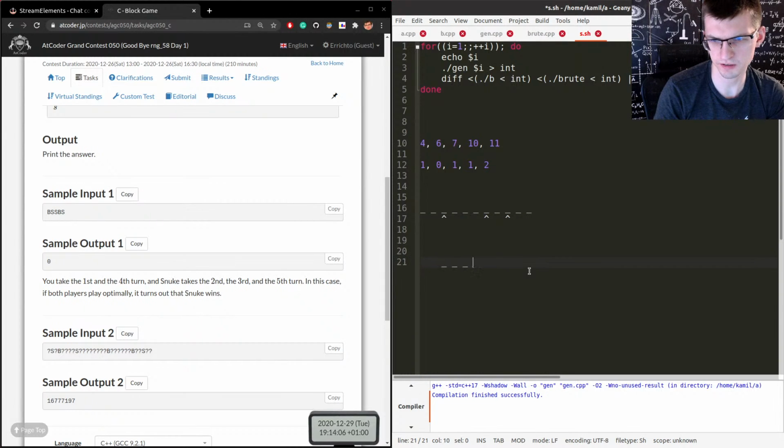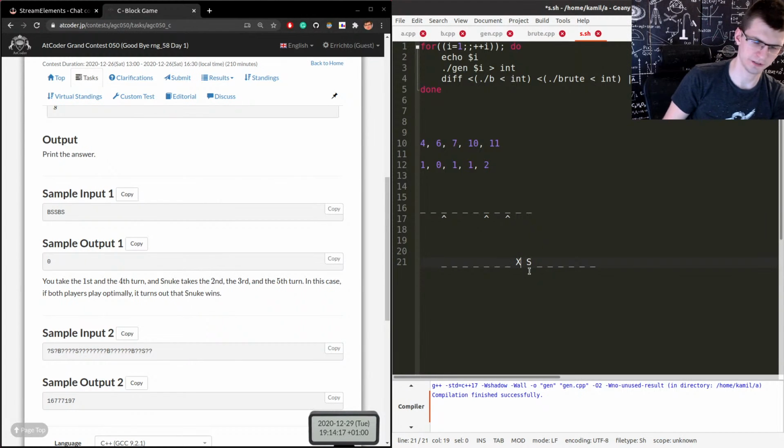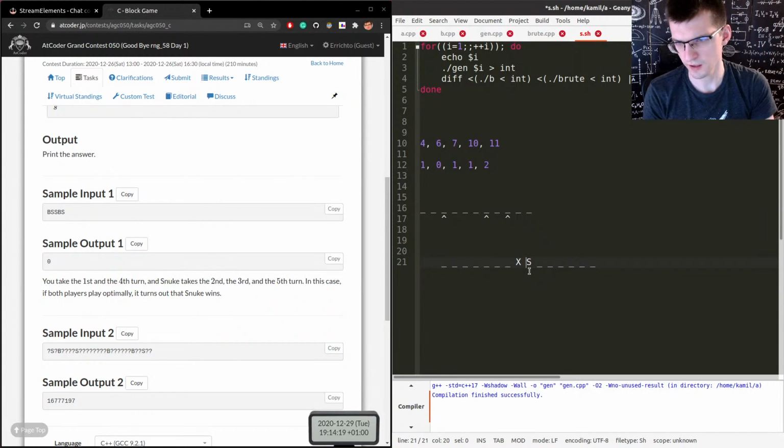Like, imagine this infinite thing. Snook starts here. He moves for some time. Whenever it's my turn, let's say I block a cell next to him to the left. Then he moves, and let's say after he moves a little bit, he's here.